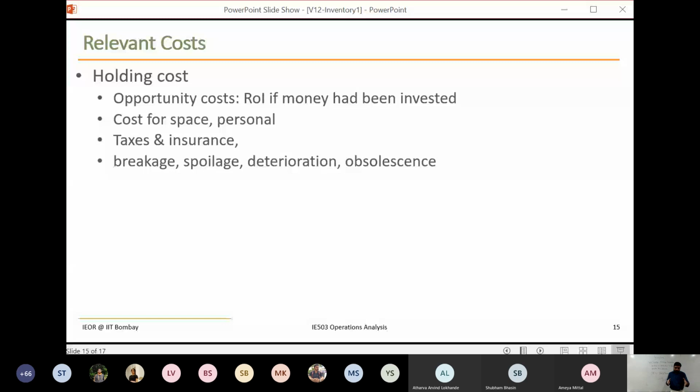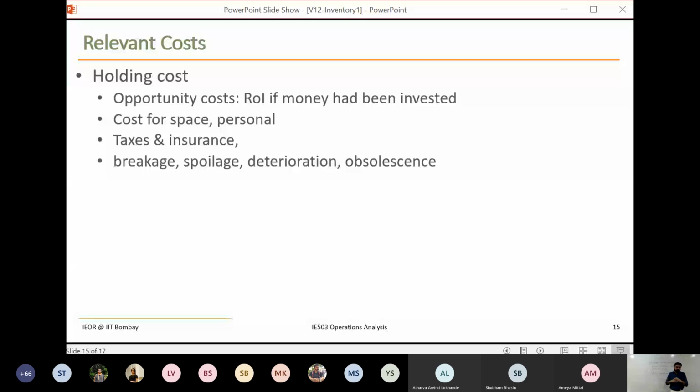And I need to then store that inventory in that place. Further, I need to buy insurance, have managers, pay electricity bills, pay my taxes, and somehow the inventory may get lost, some may get spoiled, some may break because of mishandling. Anything can happen, or it can just become obsolete. Those are direct costs concerned with maintaining the inventory.